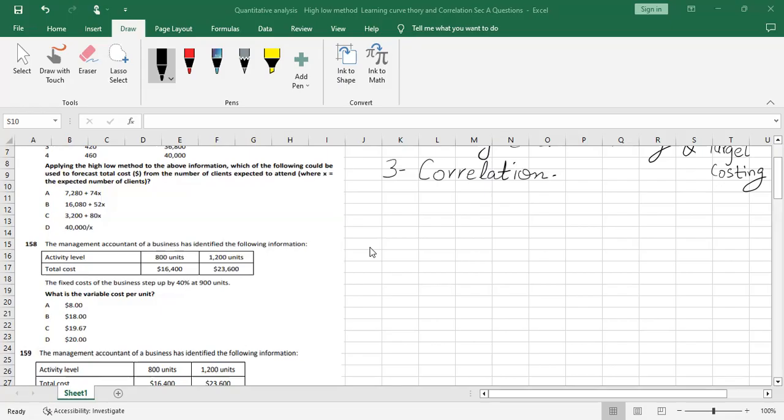So I would like you to write down the basic steps of the high-low method. Step number one: the basic purpose of the high-low method is what? The purpose of the high-low method is to divide total overheads into two portions. First portion is called what? First portion is called variable overheads.